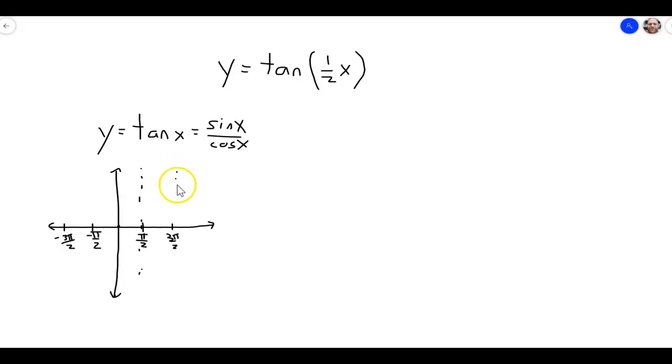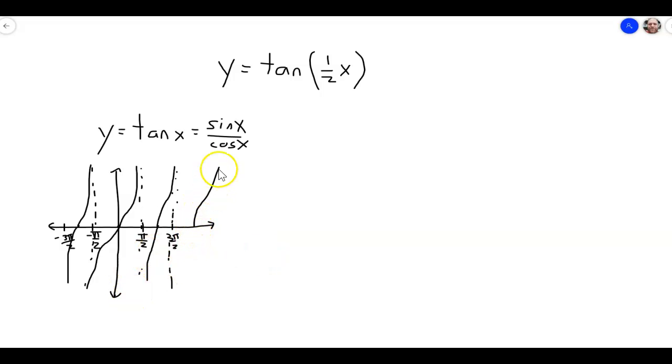Like this, and I didn't really draw this to scale, but you'll have another one here, and it goes up like this, down like that, and then it'll do the same thing going through the x value of pi there, and negative pi over here. And it does this going infinitely in both directions.